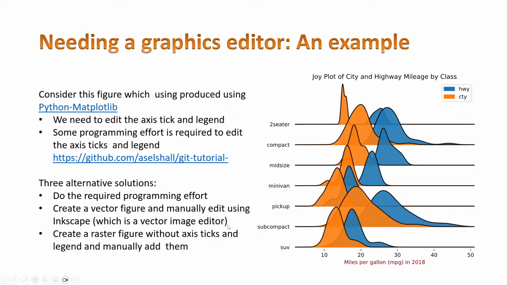So Python will save this file as a vector file, and I will edit it with a vector editor, or I will save this as a regular raster file like PNG, and then I will edit it, without any of these labels on the X axis or the Y axis, and then I will label this with PowerPoint or Inkscape or whatever.